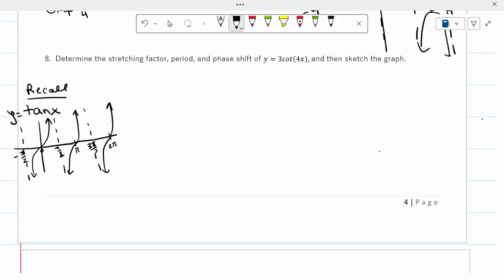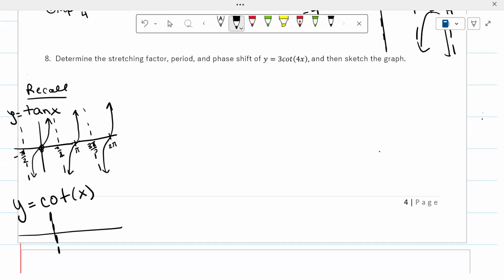Now, to graph cotangent, we are going to take all of these tangent values and reciprocate them. So for cotangent, all of these y values are flipped upside down. Everywhere there was a 0, it's now undefined.